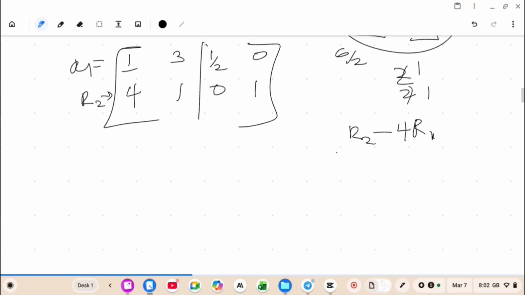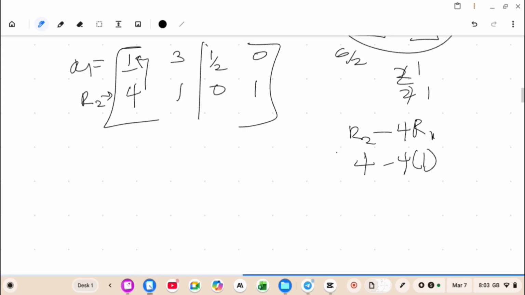So the formula that we are using is row 2 minus 4 multiplying row 1. The corresponding entry in row 1 is 1. So we have row 2, which is 4, minus 4 multiplying 1. We multiply 1 by 4, we get 4.